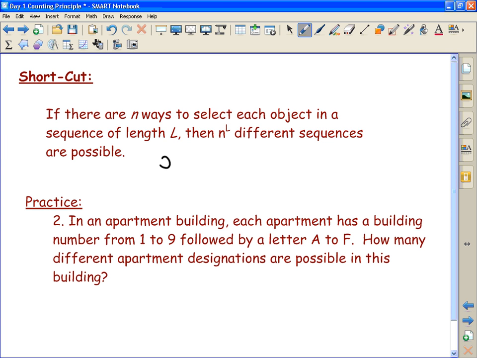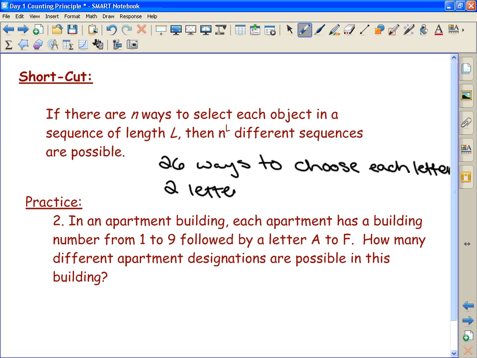We had 26 ways to choose each letter, and it needed to be 2 letters long. So we wrote 26 to the 2. Makes perfect sense.